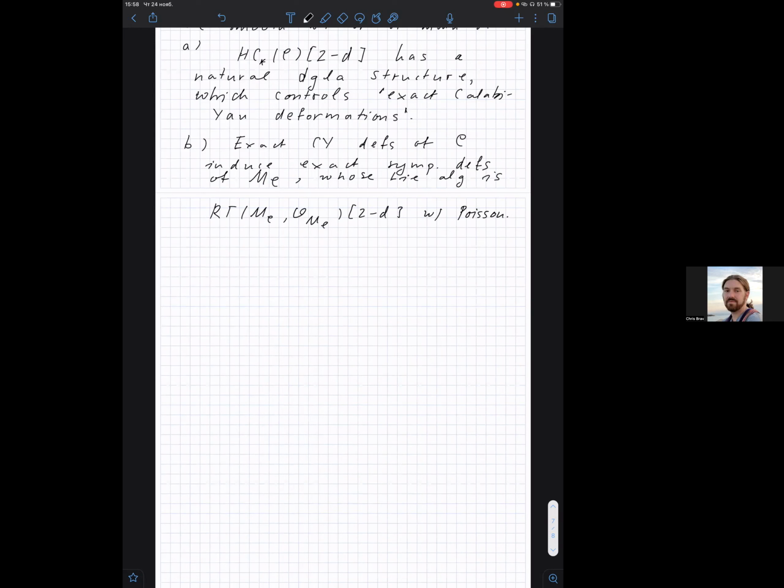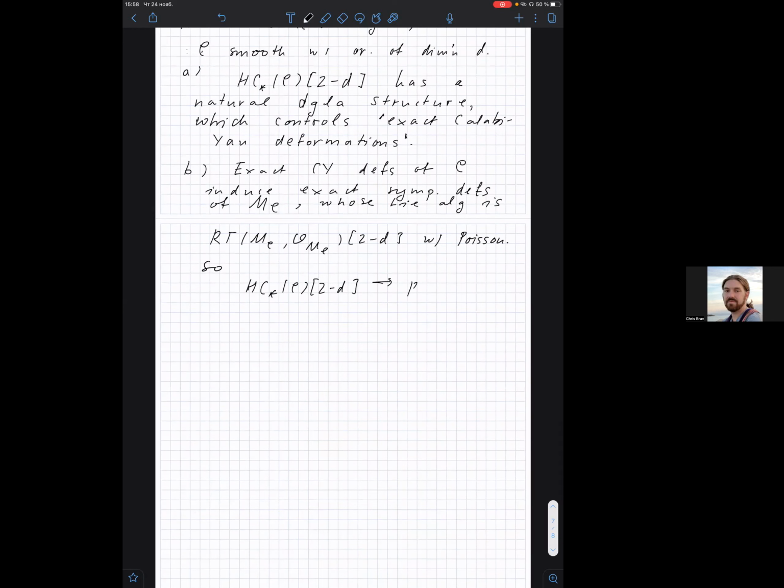And so since exact Calabi-Yau deformations map to exact symplectic deformations, I get a map of Lie algebras. This is naturally a map of Lie algebras.